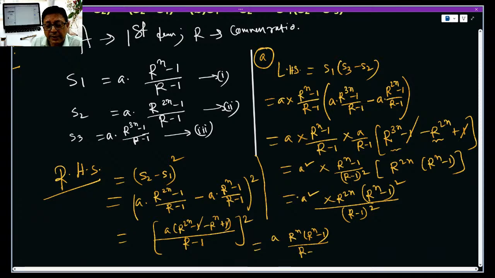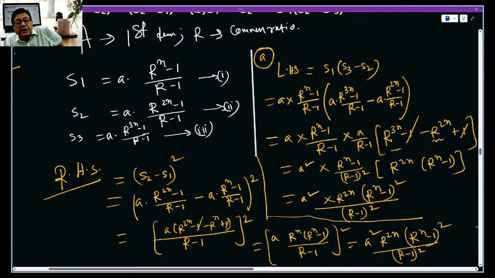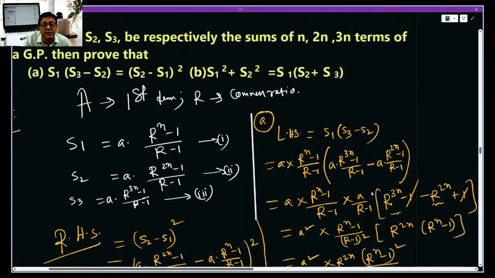This divided by r minus 1 whole square. What do you get here? Same thing. A square r to the power 2n, r to the power n minus 1 whole square by, am I correct? So this way you have proved that LHS equal to RHS. That is S1 into S3 minus S2 equal to S2 minus S1 whole square.